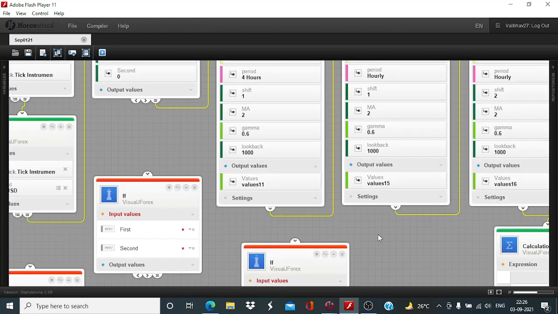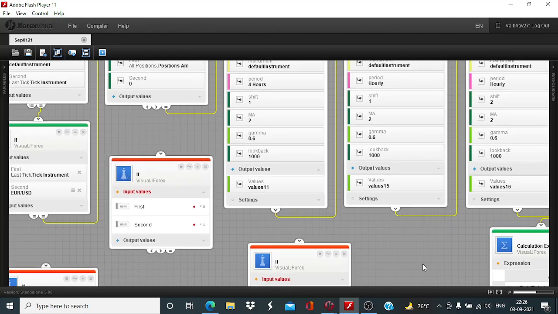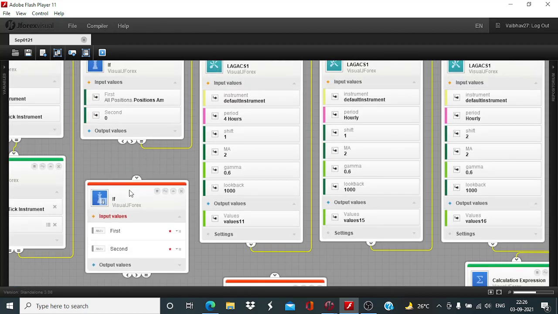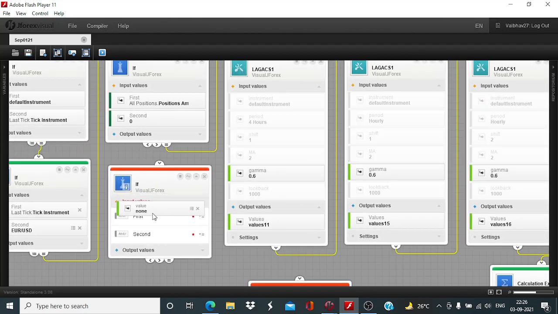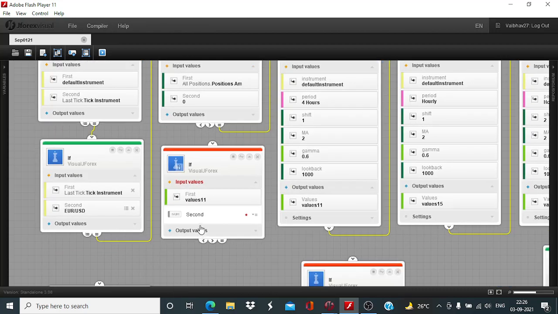Now let us consider the output value of the 4-hourly Laguerre ACS block. We take value 11 and compare it to 0.5. It should be less.